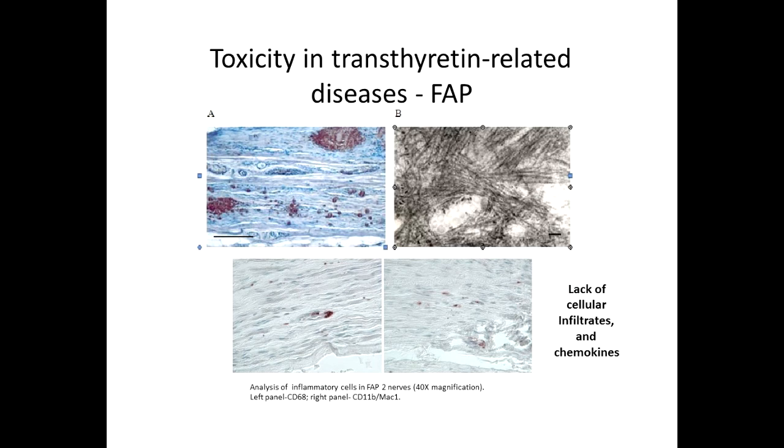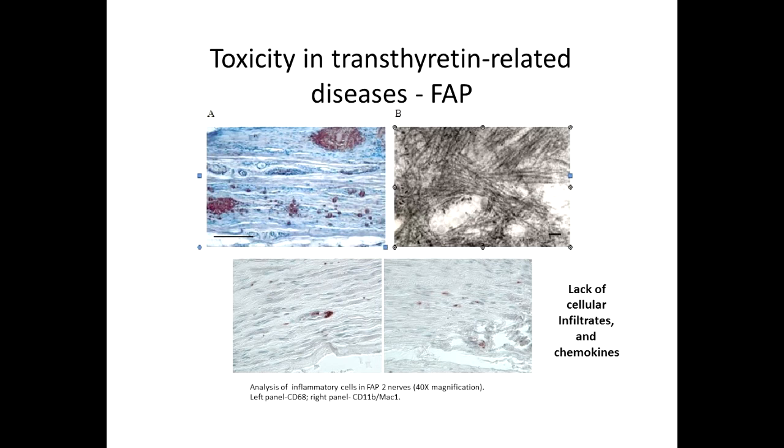What we didn't understand for many years, we don't know why, is this, now in nerve. Why do you have deposition in the nerve, lots of fibrillar material, yet if you look at these nerves, there is a lack of cellular infiltrates and chemokines?